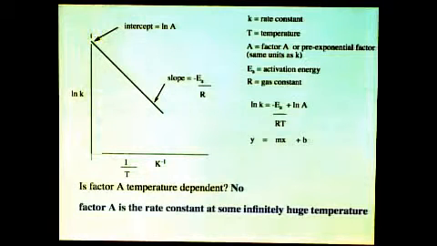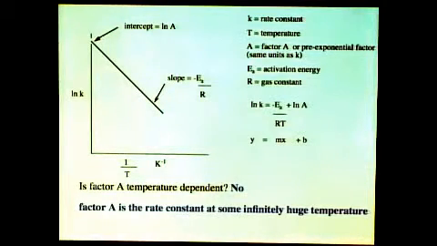That's when 1 over temperature equals 0, then the rate constant equals factor A. What would be true about the temperature for 1 over temperature to equal 0? Very big. So at the biggest, hugest temperature you can imagine, the rate constant is going to equal factor A.